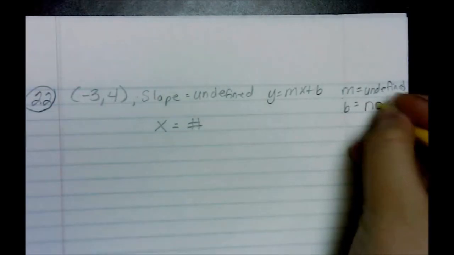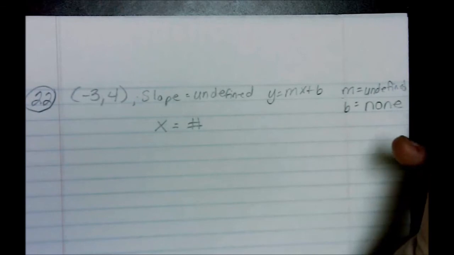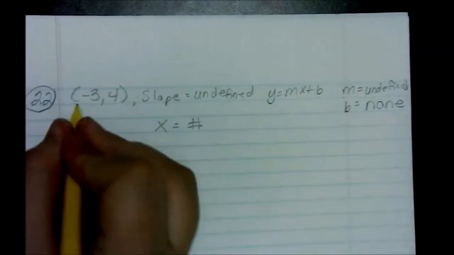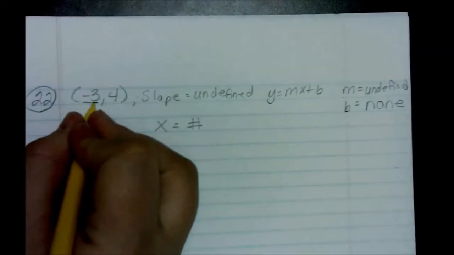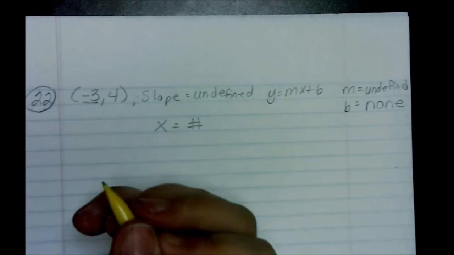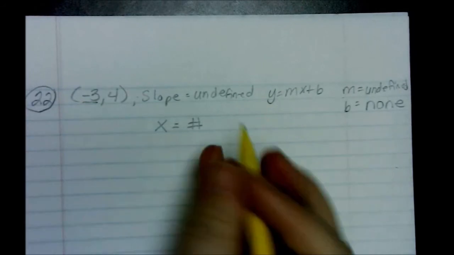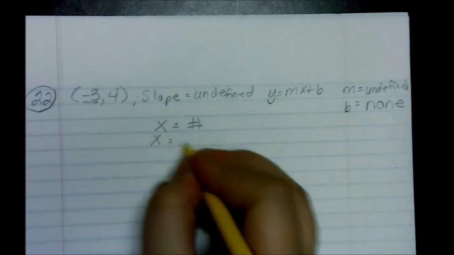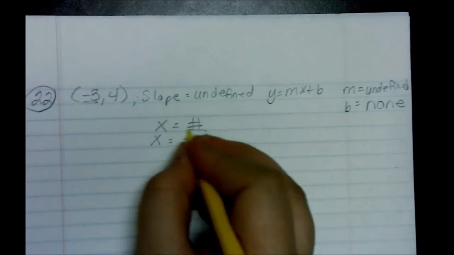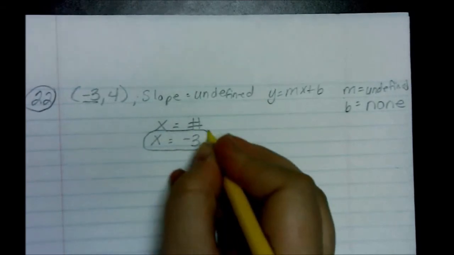But since we know that the equation of a line with an undefined slope is x equals, we're going to look and see what x equals in our ordered pair. X equals -3, and that is the equation of our line. That's when you're dealing with equations that have special graphs.